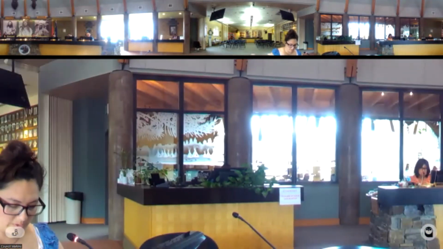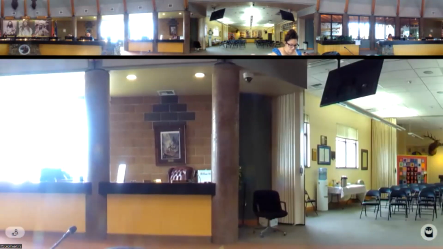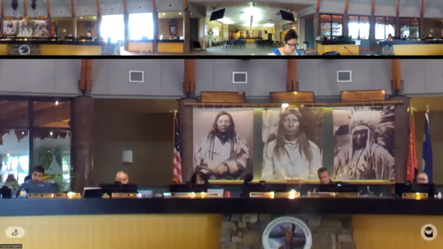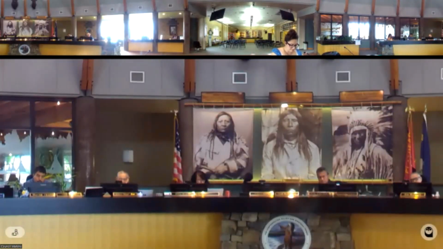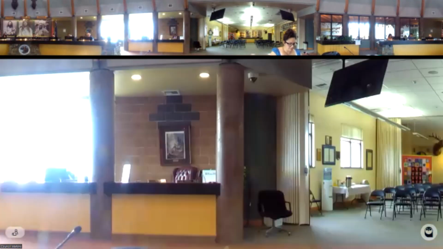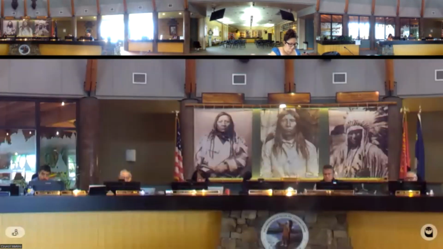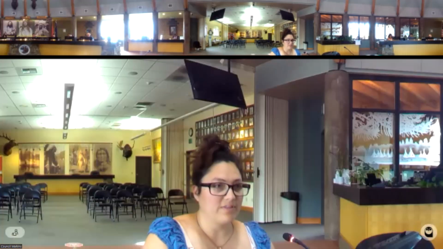So the quota for the bighorn sheep hunt within Little Money would be 6 rams and 3 ewes, and then for the Ferry Basin bull hunt, that would be 30 tags for the quota.